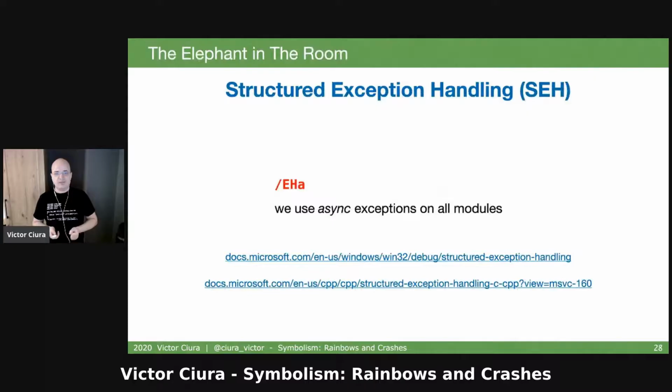So how does it work? First of all, we have to address the elephant in the room. I know there are several people that would like to see structured exception handling be gone. And I'll grant you that, this elephant in the room, it's not pleasant. So I've been dealing with this for 15 years now.